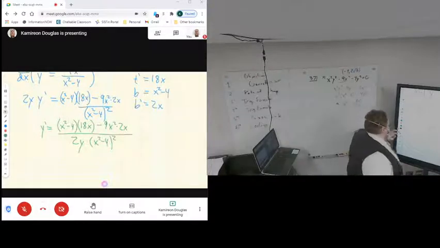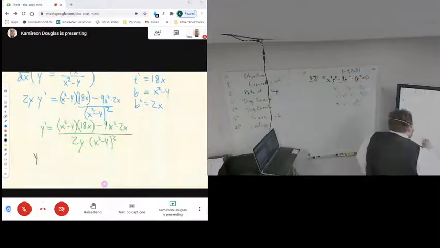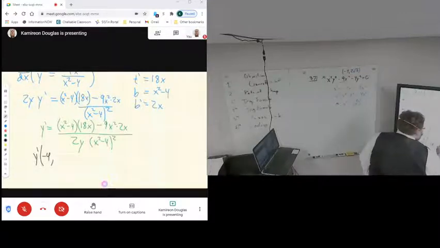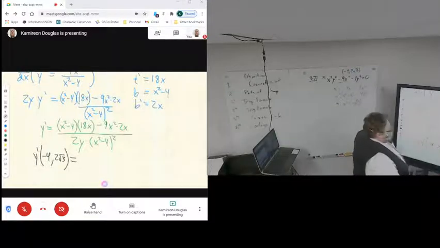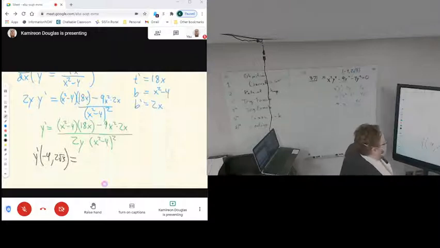Let's do it. So, y prime at negative 4, 2 square root of 3. Now, this is probably going to be nasty. Again, I will simplify what I can, but otherwise my goal is just to make sure to get it as simple a form as I can.